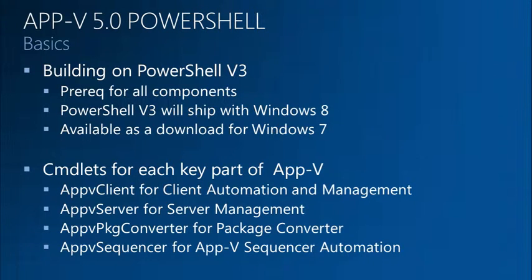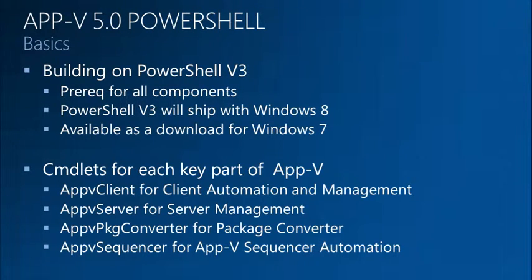The AppV client module is what you would use for client management and package and connection group management on the client. Before I move on, you can think of the AppV client module as being synonymous with SFT MIME and SFT tray in some ways. So if you're used to using those tools, the AppV client module gives you very similar functionality.